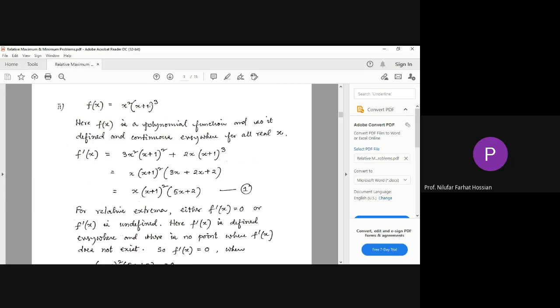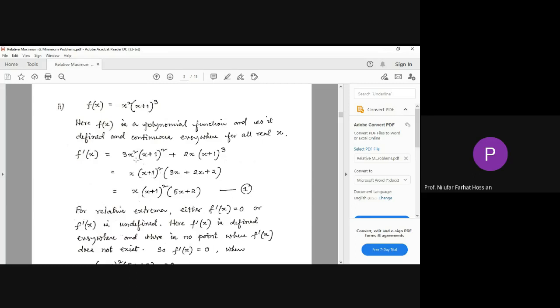So what remains? It will be 3 into x square into (x plus 1) whole square. And in the next term, you keep (x plus 1) whole cube fixed and find the d/dx of x square. It is 2x. So it will be 2x into (x plus 1) whole cube. Okay. So let us now take the common factor. Common factor is x into (x plus 1) whole square.